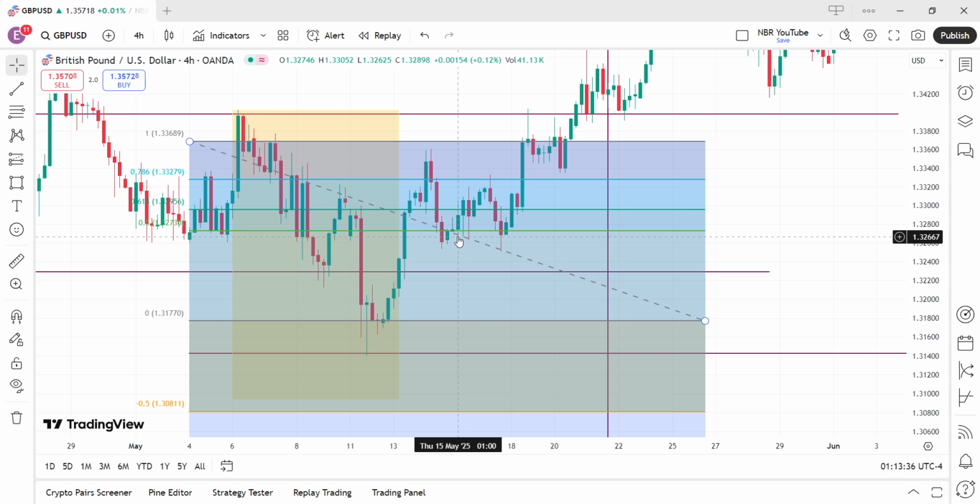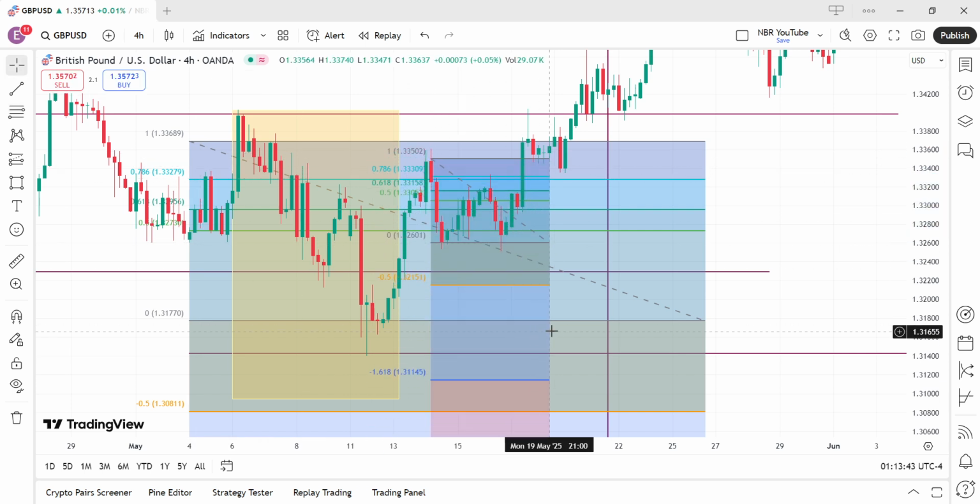And especially if I'm going to take it, let's say I'm going to draw the fib. Okay, but look what happened. It retraced back up, formed the swing high, and then I took it from here and it pushed back up, breaking this swing high.